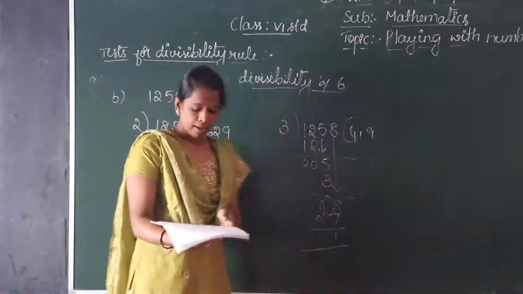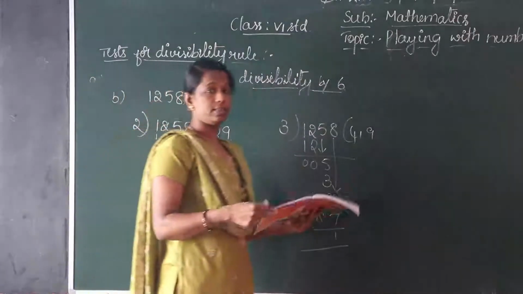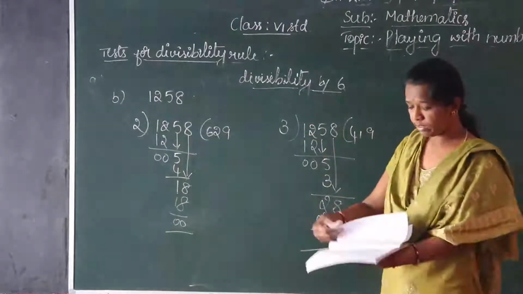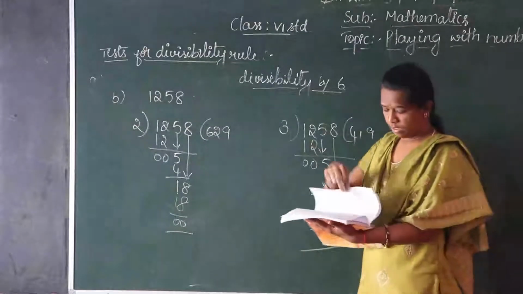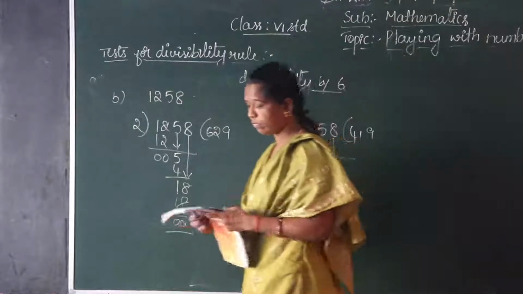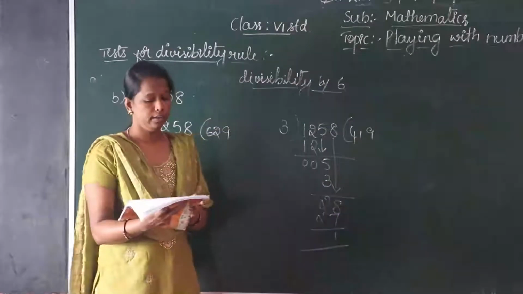Okay children? And then, so you know the difference between the divisibility rule of 8, 4 and 2 and 3. Okay? Here are some numbers you have to divide.